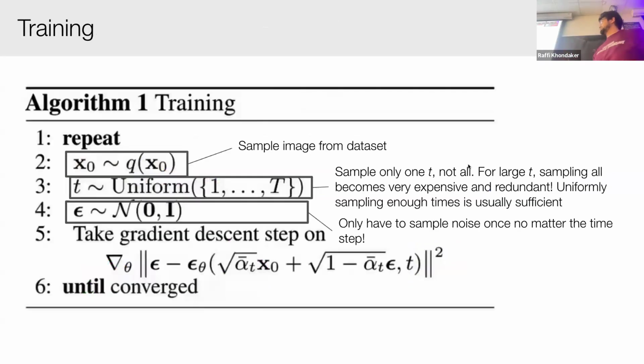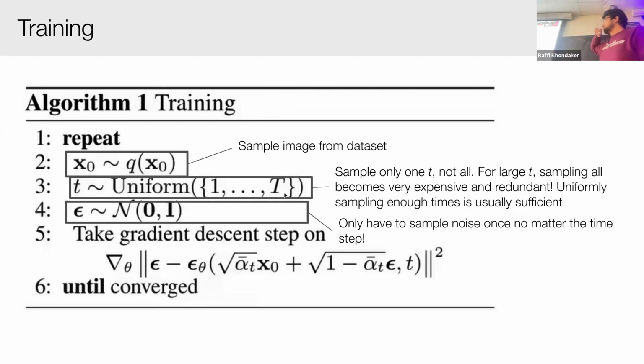Okay, and I just explained this algorithm. Once again, we sample an image from our data set, no noise has been added, X naught. We pick a random point on one of our pathways, our noising pathway. So from original image to straight noise, we pick a random point on that pathway.